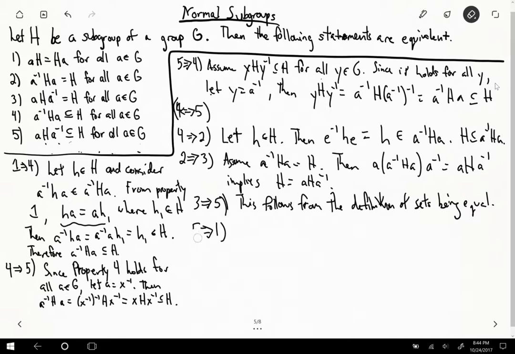Let's use, instead of 5 implies 1, we could try 2 implies 1. That would probably be our easier route, but we'll do 5 implies 1 just for keeping this working out here. So we have that this property 5 holds, and we want to show that this is equality.